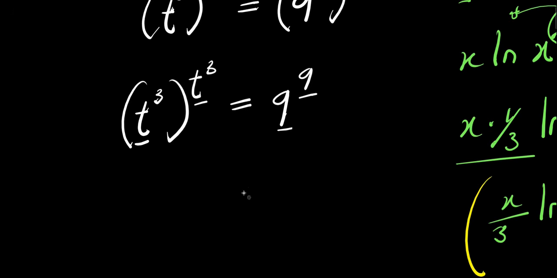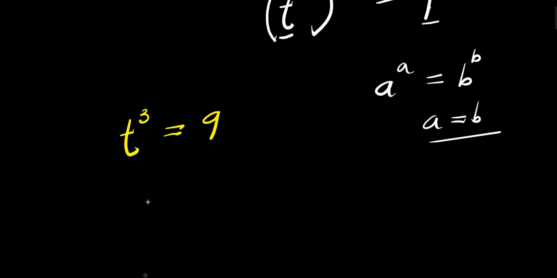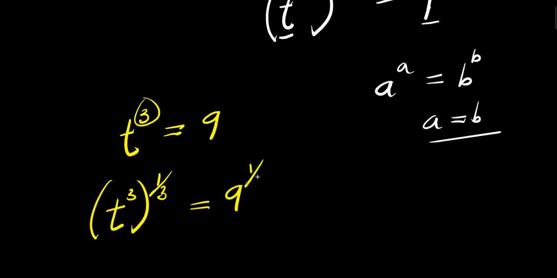If you have a power a equals b power b, meaning a equals b. So you can say t power 3 equals 9. And from here, I can solve for t by eliminating this exponent of t power 3, so raised to the power of 1 over 3 equals 9 raised to the power of 1 over 3.